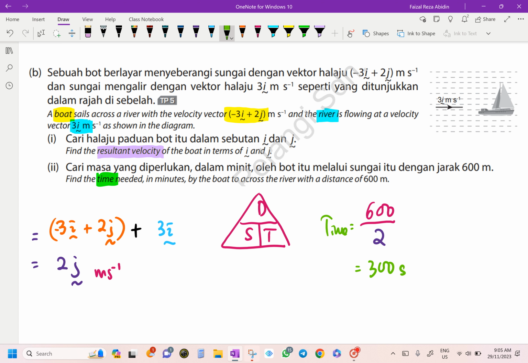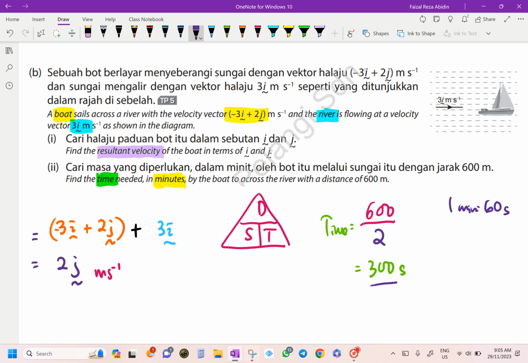300 seconds. But the question is asking for minutes. What do we do? Divide by 60. Why divide by 60? Because 1 minute equals 60 seconds.